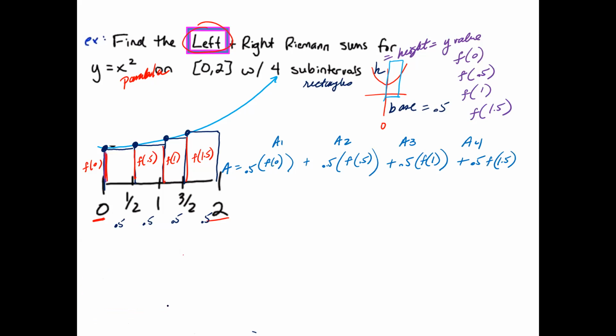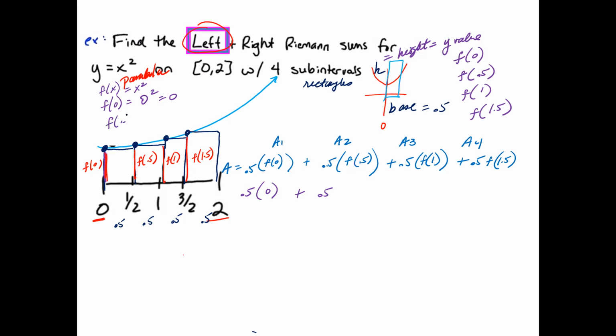Now you want to go ahead and grab your calculator and then calculate, well, what is f of 0? f of 0 is going to be 0 squared because f of x is x squared. So then f of 0 is just 0 squared. So that's just going to be 0. So your first one is just going to be 0 times 0.5 plus f of 0.5.